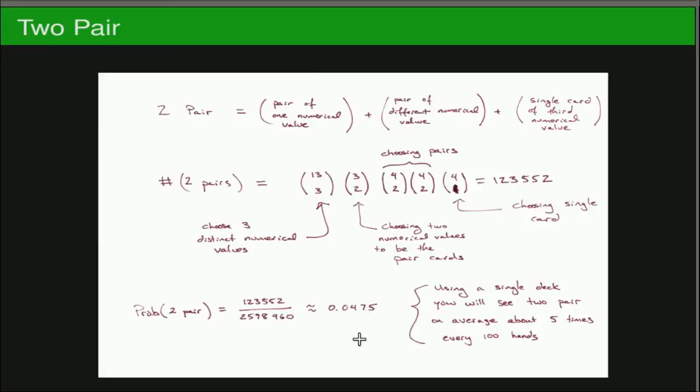So again, putting this in context, if we are using only a single deck, then we will see 2 pair on average about 5 times for every 100 hands of poker that we are dealt.